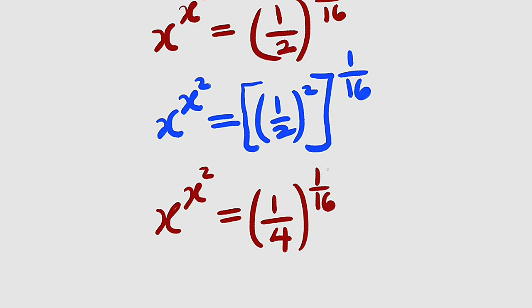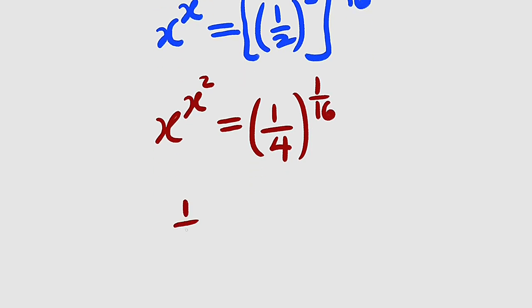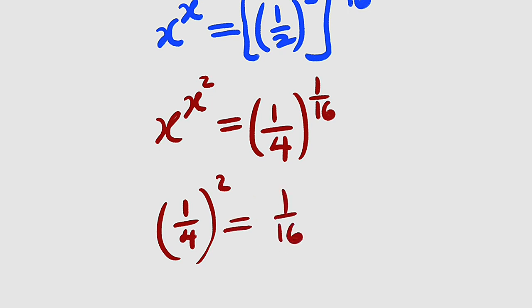Then finally, you should know that 1 divided by 16 can be written as 1 divided by 4 squared, because 1 squared is 1 and 4 squared is 16. So instead of 1 divided by 16, we're going to replace it with 1 divided by 4 all squared.